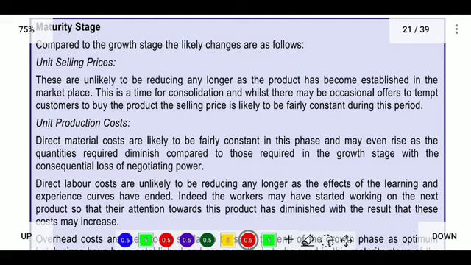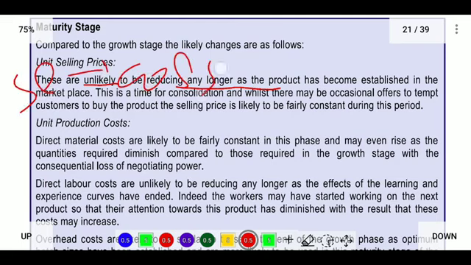For selling price, it is unlikely to reduce any longer, as the product has become established in the market. This is the time for consolidation, and the selling price will be fairly constant.